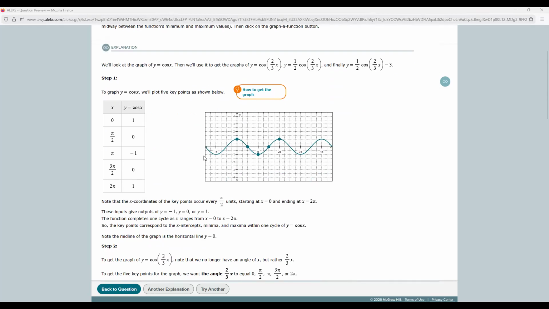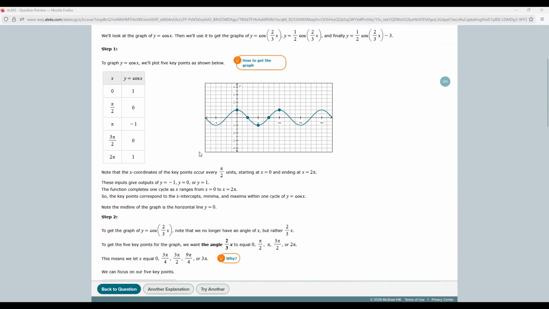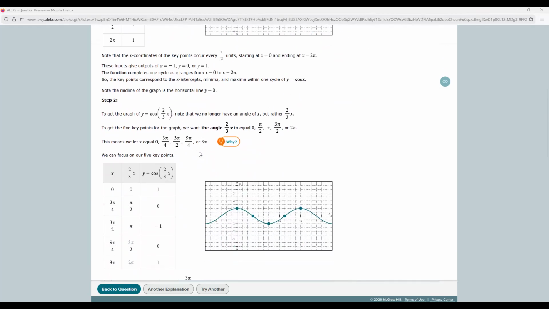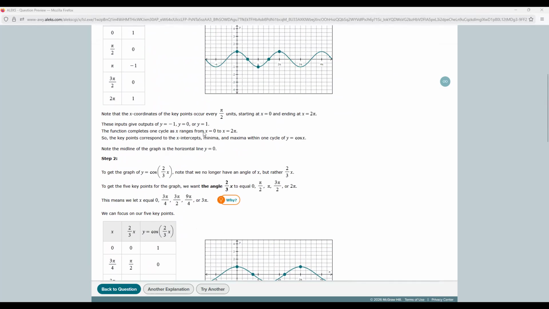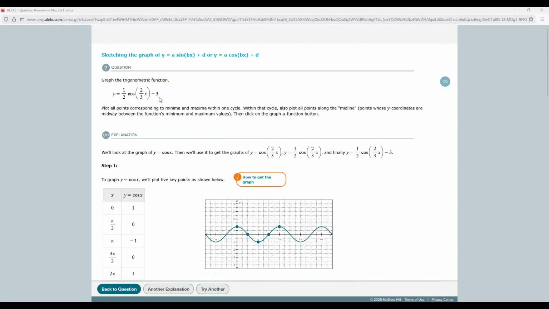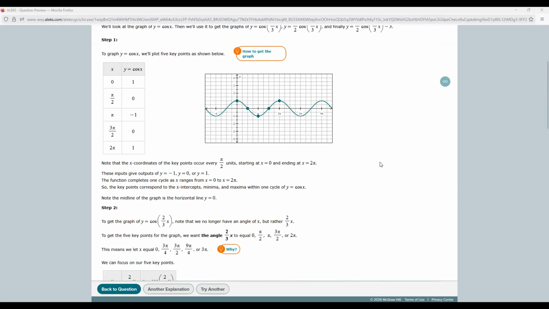So what they do is they graph the original always, and then just transform it. Okay. So take the original and remember the 2/3 is going to affect the inputs. So if these are the inputs, then this will be the new inputs. So you can get easy angles. Then shift it down by three here.